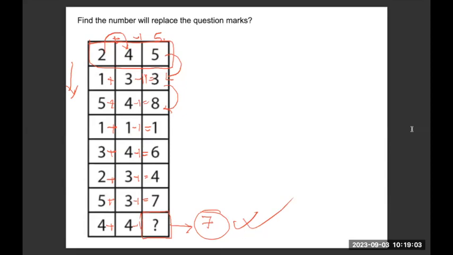Is that clear? This is some kind of pattern which was happening. Initially, if you start looking at them as one number, it is problematic because here it's 245, then it reduces, then suddenly it increases to 548, then suddenly it reduces to 111, then suddenly the number increases to 346.